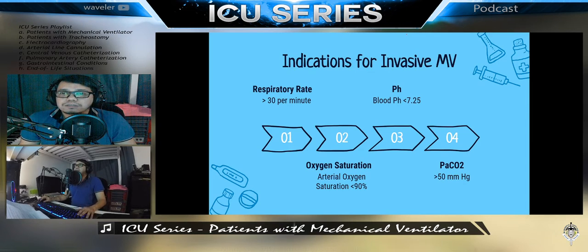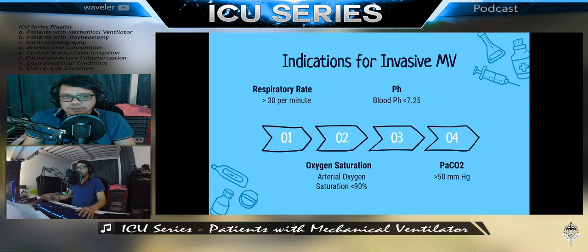However, in general, mechanical ventilation should be considered when there are clinical and laboratory signs that a patient cannot maintain his or her airway, and if there's evidence of inadequate ventilation and oxygenation to the patient.